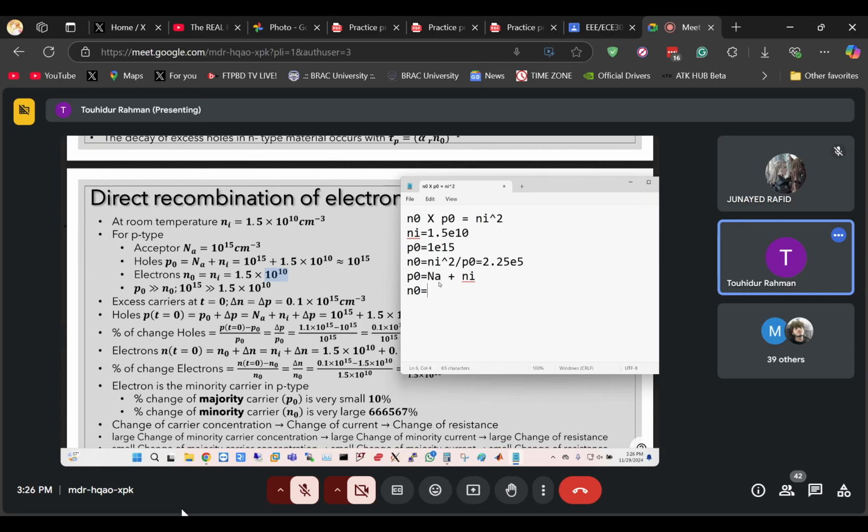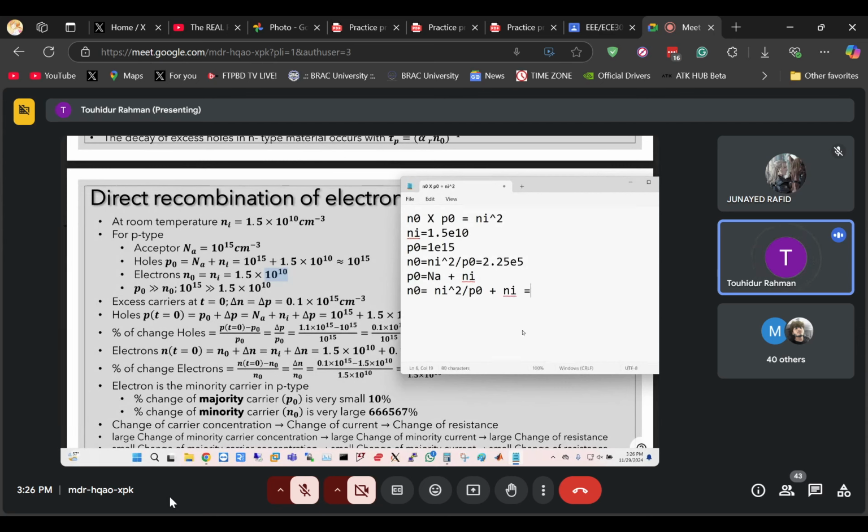What do we have? We will have Ni. Let me, before I do that, we can write N0 as, because that's what the equation says, right? So that is from this equation, plus we also have electron hole pair.